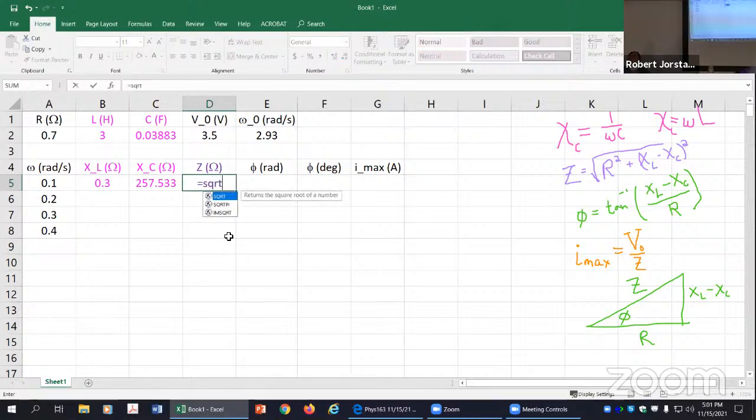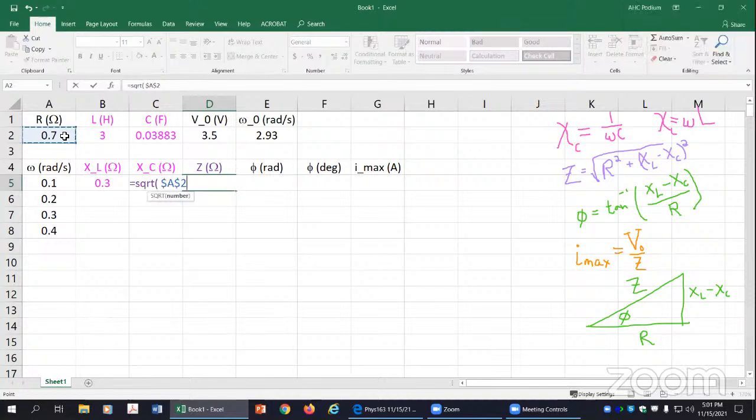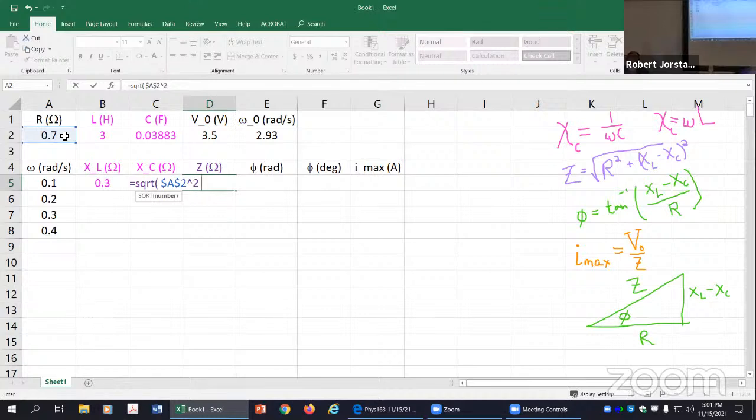Okay, so now Z, you agree we've got it? Punch it in. Square root of R squared. Does the resistance need to be a constant? Yes. So I F4 it or put the dollar signs in and square it. Plus XL. What is XL? B5.